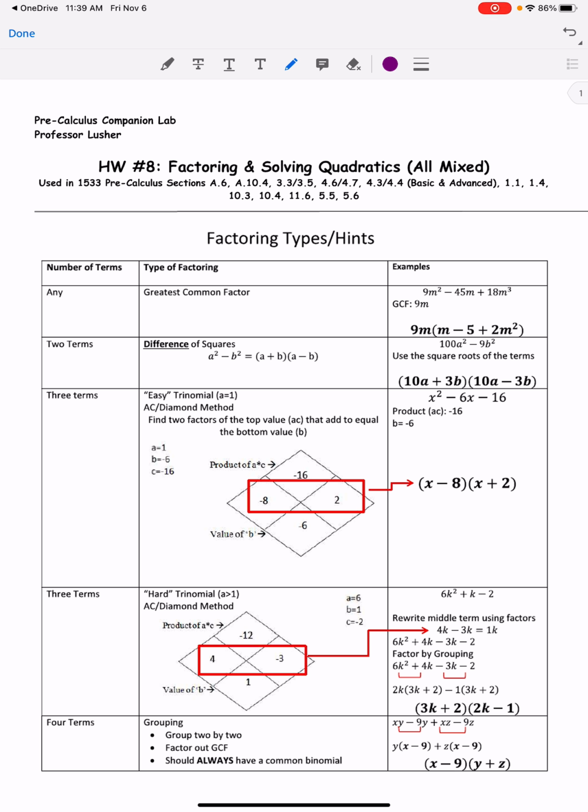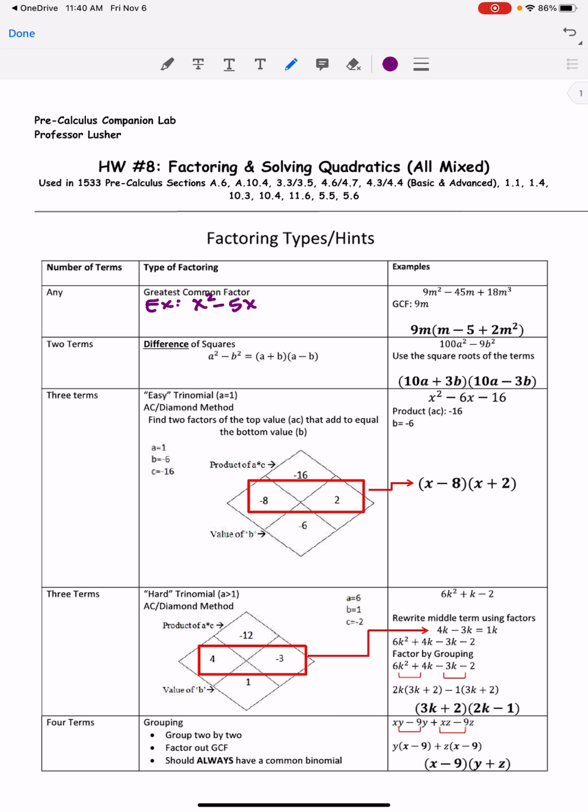So this first page here is just kind of everything that we've done. You've got the greatest common factor, your GCF. Now, they have it with a trinomial. More times, at least for this class, you're going to see something more like x squared minus 5x.